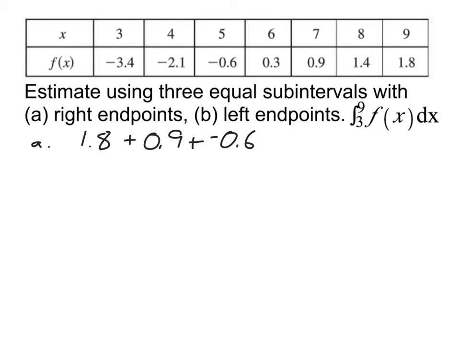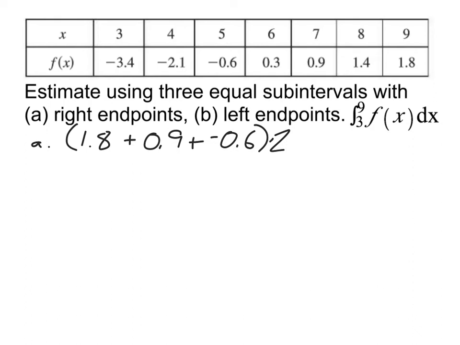But if I just add them up together, that won't give me my actual area, right? I need to do one more thing to this, which is what? Yep, multiply it by the width of each rectangle. How wide is each of these rectangles? 2. Because you'll notice that we're going from 7 to 9. They're 2 apart.